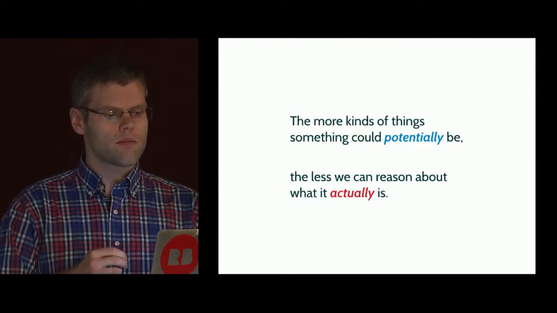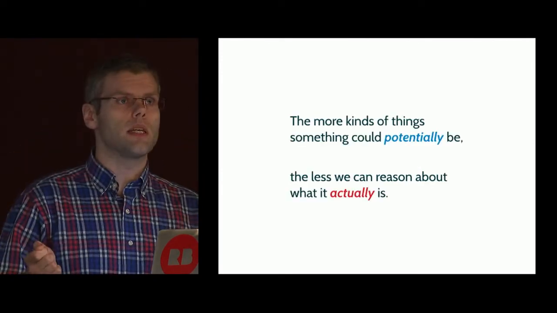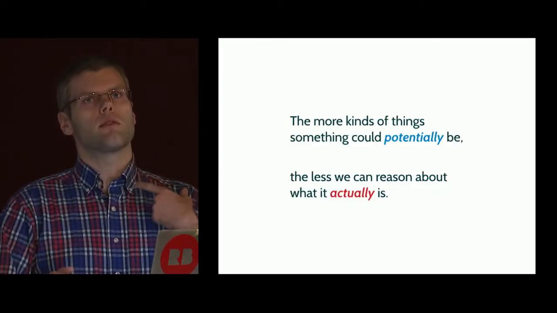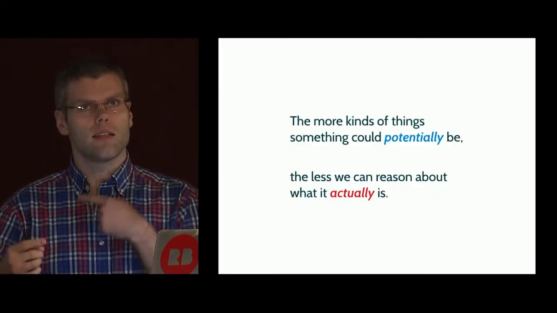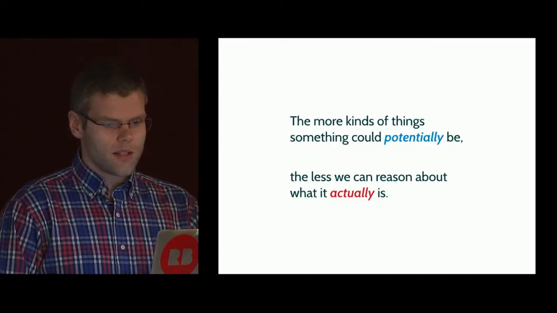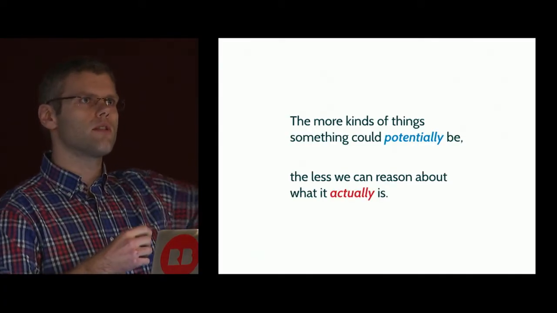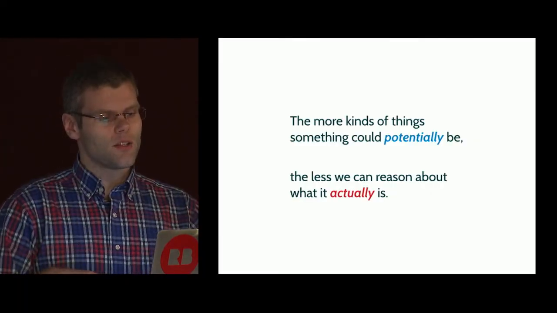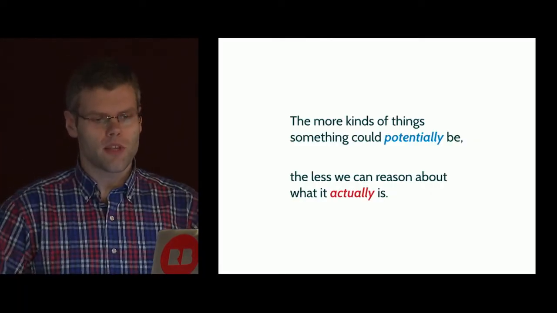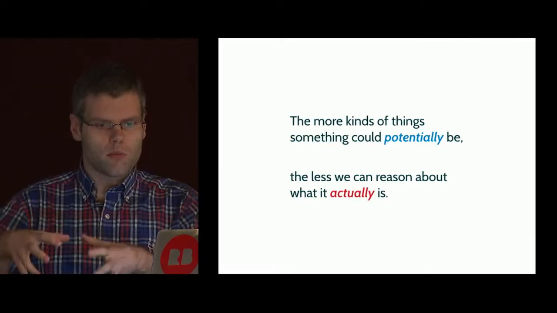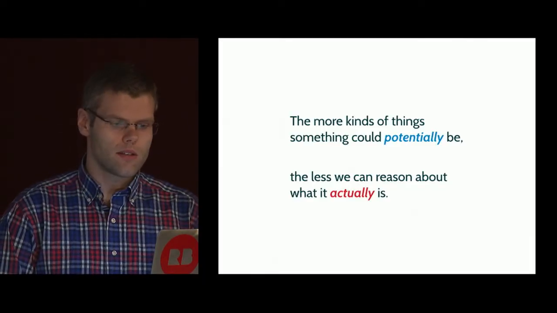Because the more kinds of things something could potentially be, the less we can actually reason about what it actually is, right? As the potential stuff gets larger, the number of things we could actually predict about it is smaller.